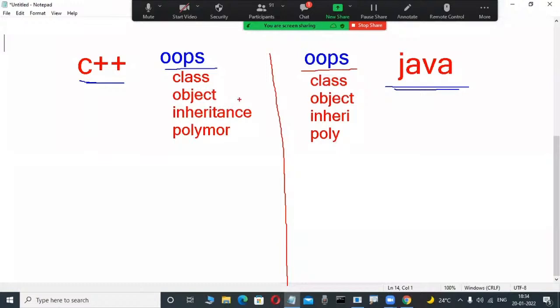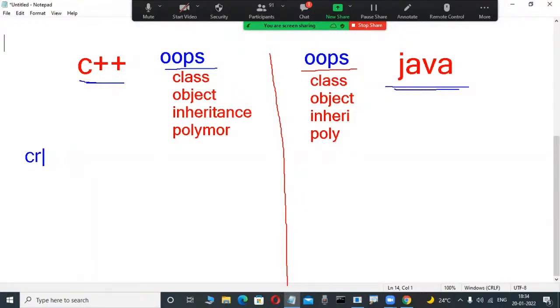Okay, C++ and Java: conceptually, what is a class, what is an object, what is inheritance, what is polymorphism, encapsulation, binding, something. But observe here. Can anybody guess? Suppose in C++ I want to create an object from a class, what is the syntax? Do technical people have an idea?